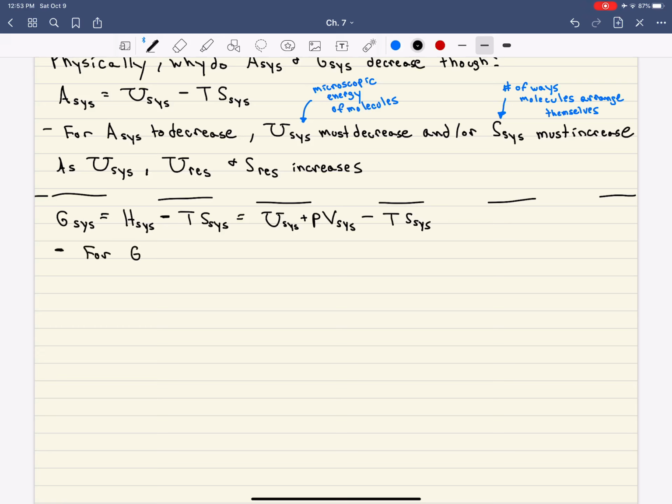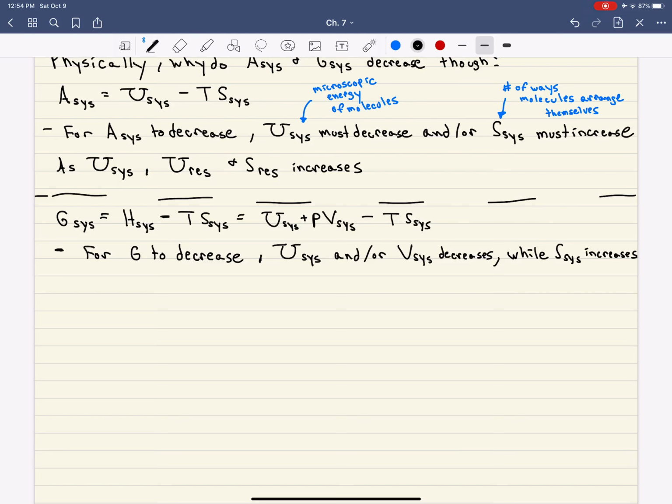for the Gibbs energy to decrease, what we need to see happen is either the internal energy of the system and or the volume of the system decreases, and at the same time the entropy of the system would increase as well.